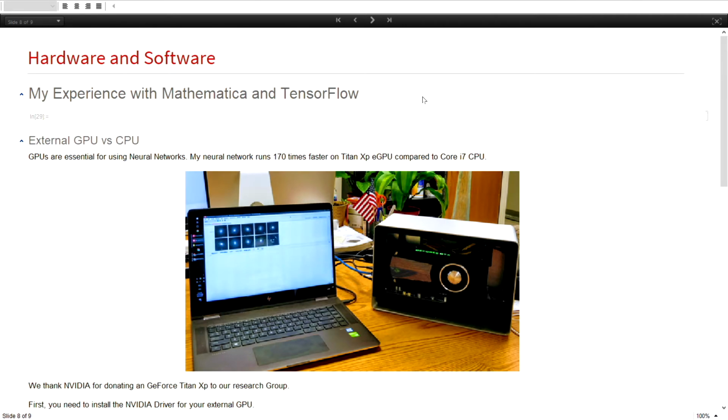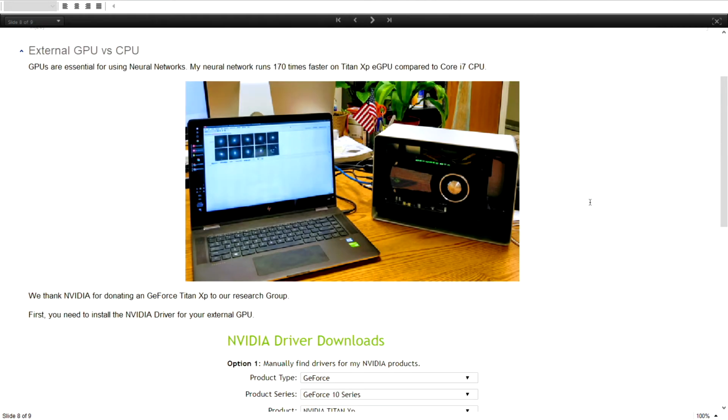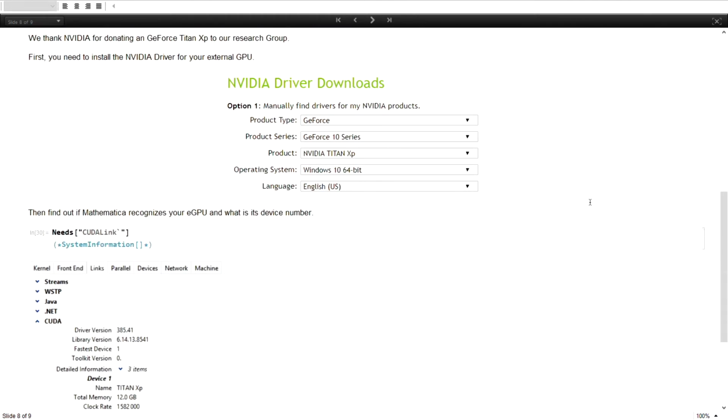You just plug it in to your laptop, and then you connect your internet, mouse, everything, and then you have to install the drivers for that GPU, which you can get from NVIDIA, and you have to get CUDA by signing up on NVIDIA, etc.